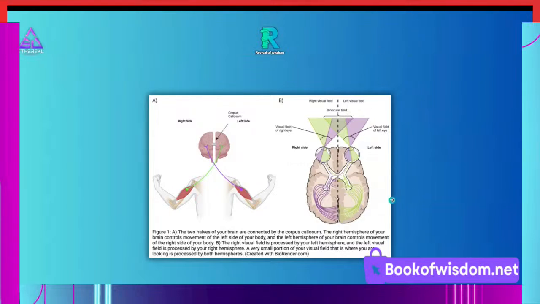So everything is crossed over, and even your visual field is crossed over. So this is your visual field, as you can see here, and even the left side of your visual field goes to the right brain. There's a crossover. No one really knows. There's not really a reason for this. However, this is how the human body is designed.